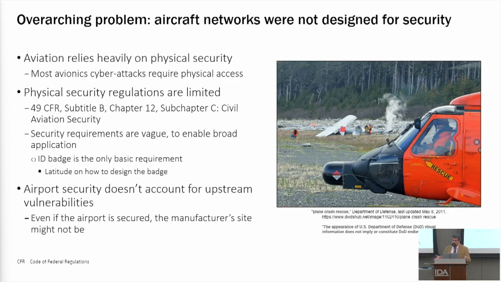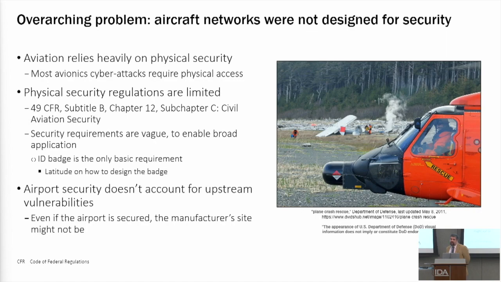If you want to zoom out, in the avionics industry, general aviation especially, physical security is what you rely on. Many of you are familiar with the TSA from when you fly at the airport, but general aviation and civil aviation is not nearly as locked down. The regulations are limited, and the security requirements are vague.